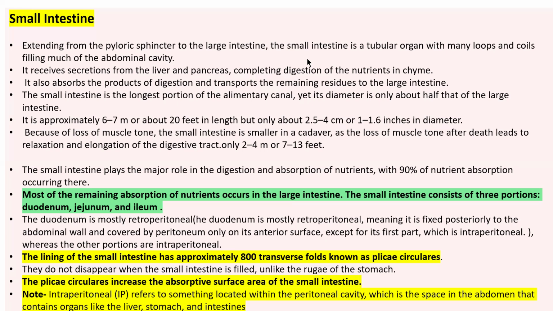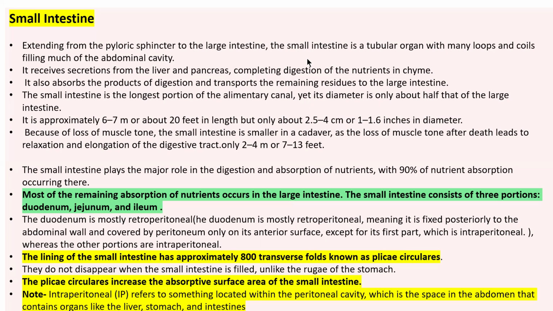Intraperitoneal means located within the peritoneal cavity, which is the space in the abdomen that contains organs. The organs present in the peritoneal cavity are the liver, stomach, and intestine.